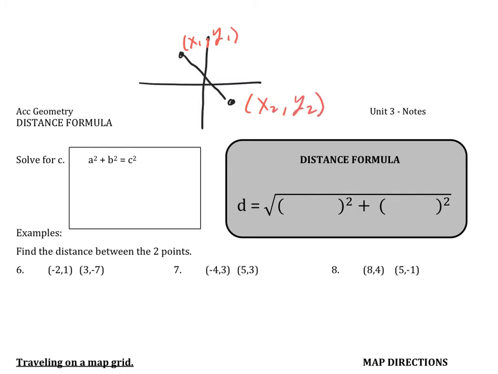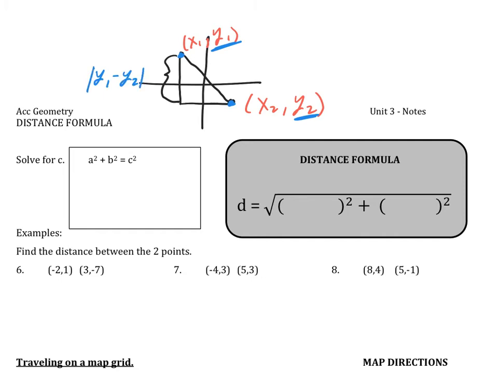When I create my triangle and I look at my sides, my vertical distance here is really the difference between my y values, right? So up here we're at y1, down here we're at y2. So this distance is the difference between those two values, right? y1 minus y2, the absolute value.